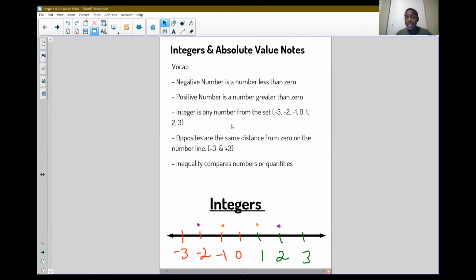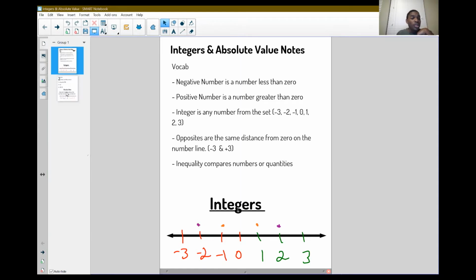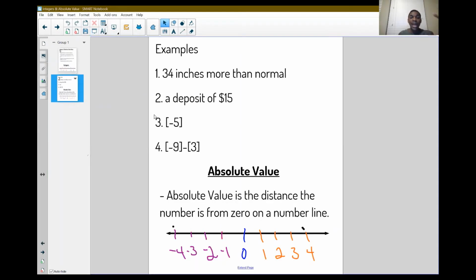An opposite is the same distance from 0. So -2 and 2 are the same distance from 0, and -1 and 1 are the same distance from 0. Also, we talked about absolute value, again the distance from 0 on the number line.